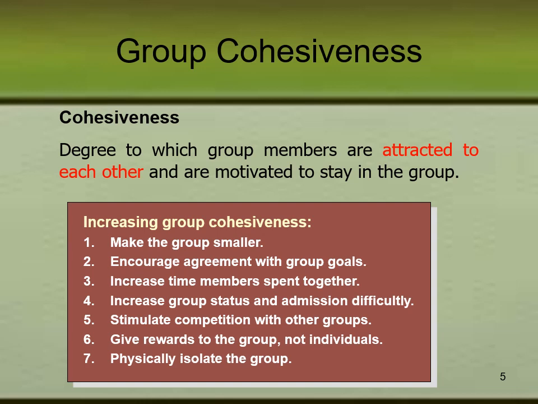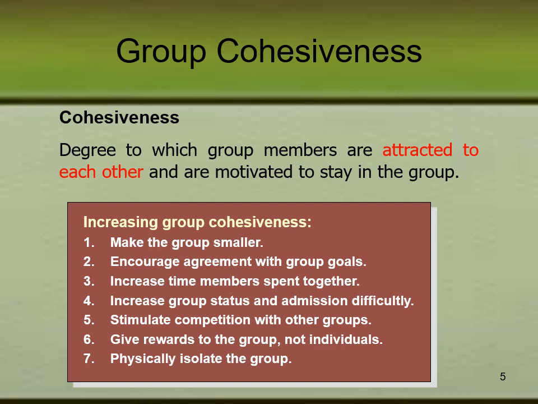Next is increase group status and admission difficulty. This point here means increase the status of the group. Let other people see that your group has high status and it is not easy to become a member. That is the admission difficulty. Susah nak jadi member dalam sesuatu group. For example, MPP group, let's say, it is not easy to enter that group.